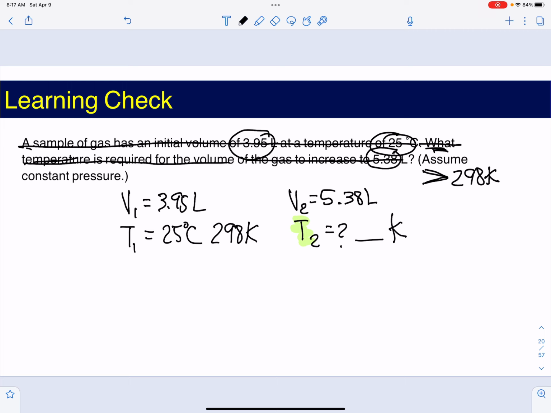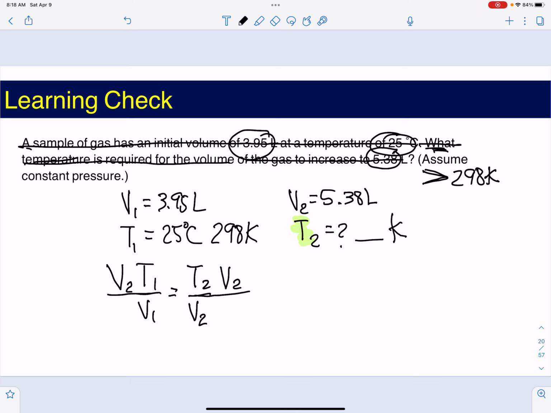So I did something wrong with the formula. So I'm looking for the temperature, so I'm going to put the temperature on top. T1 over V1 equals T2 over V2, which means to get rid of the V2, I'm going to multiply by V2 on top, and I'm going to multiply by V2 on top also.